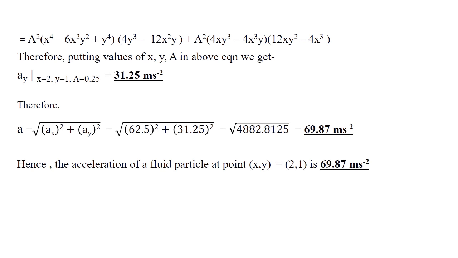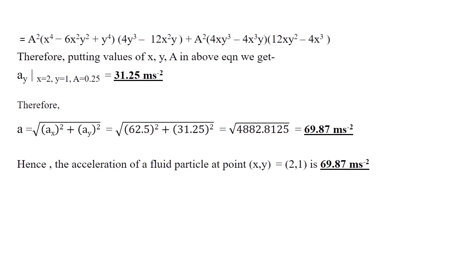So in a similar way we will put the values of x, y and a here in this equation, and therefore the y component of acceleration we will get as 31.25 meter per second square. Now to find the acceleration of fluid particle, we will use the formula A is equal to root over ax square plus ay square.